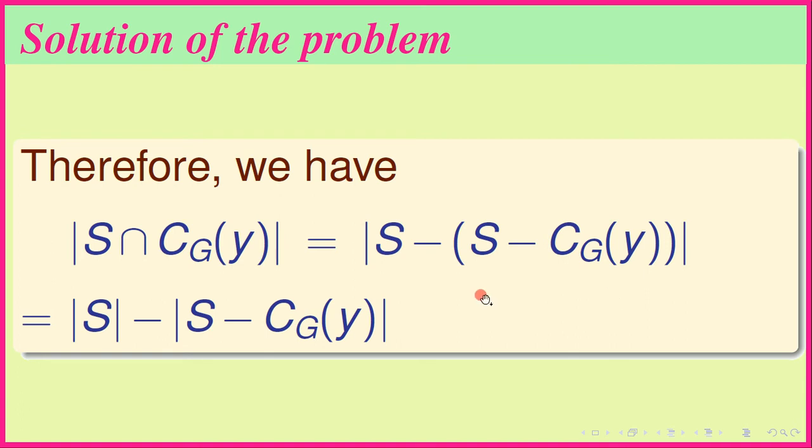S minus CGY is a subset of S. Therefore, the size of S minus this one is equal to size of S minus size of this. So I repeat, this set S minus CGY is a subset of S. Therefore, this size is equal to the difference of sizes.